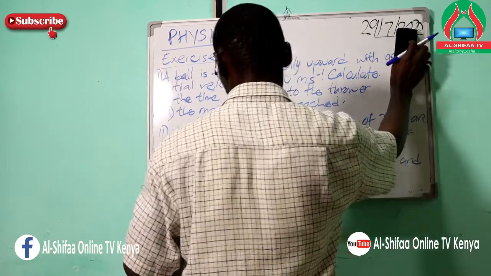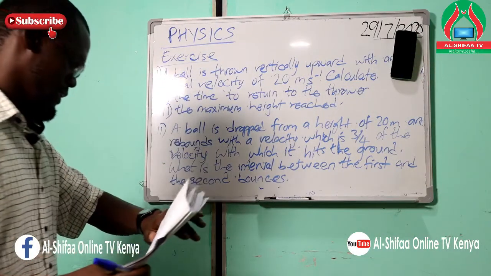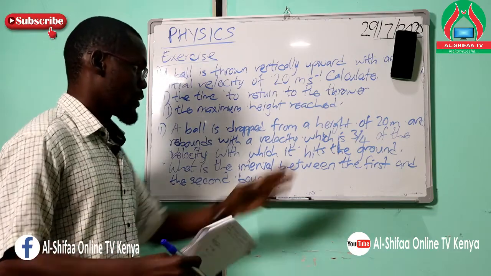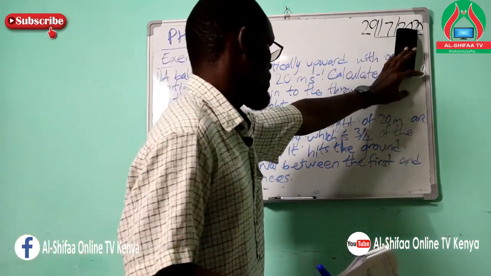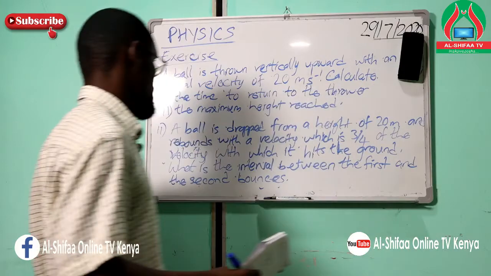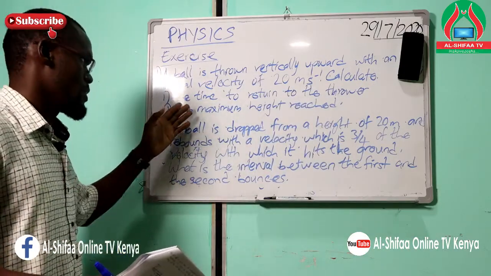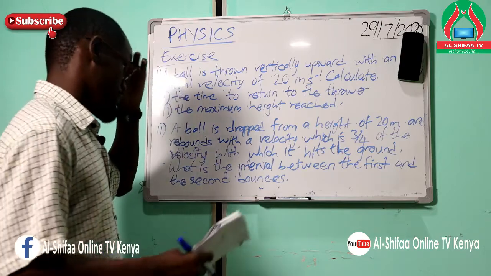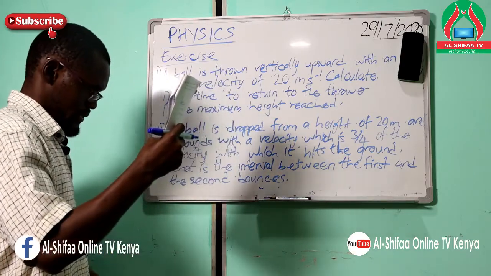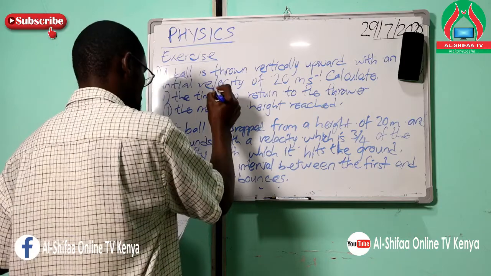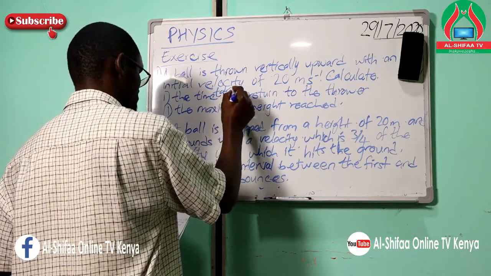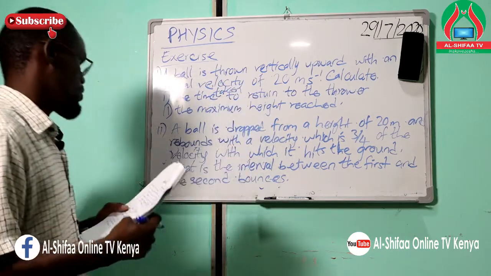The questions are: a ball is thrown vertically upward with an initial velocity of 20 meters per second. Calculate the time taken to return to the thrower.